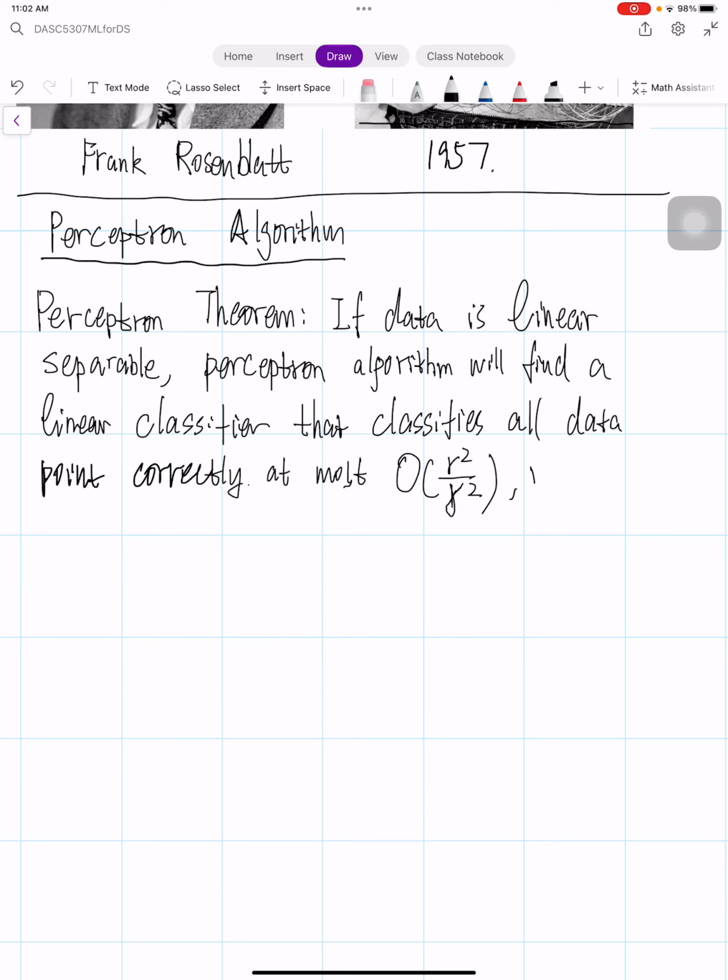This R is just the maximum vector length, and this gamma equals the maximum margin.